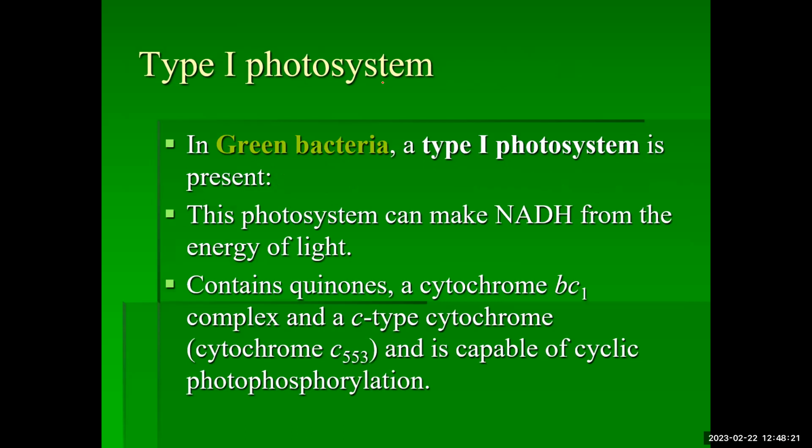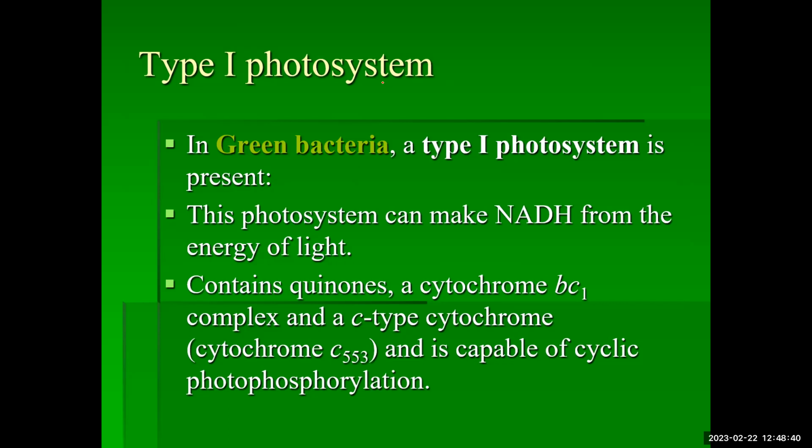It is therefore a good enough reducing agent to reduce nucleotides like NAD or NADP to make NADH or NADPH. They can, however, give that electron to a quinone, which will give the electron back to the photosystem.